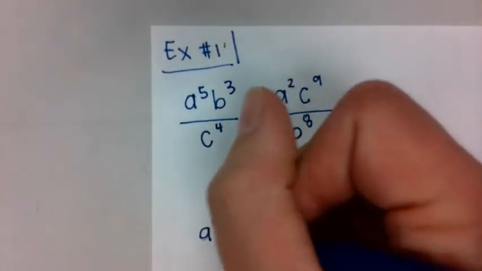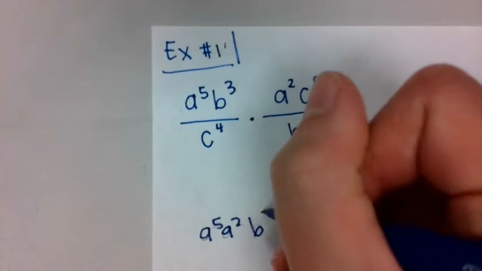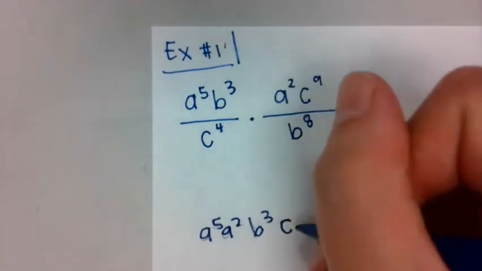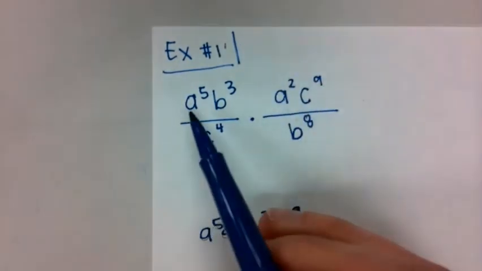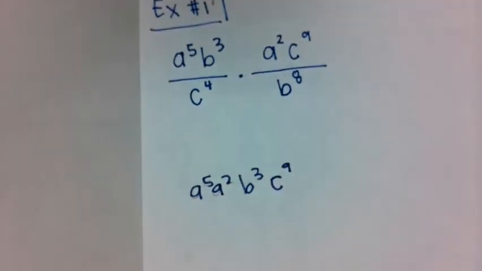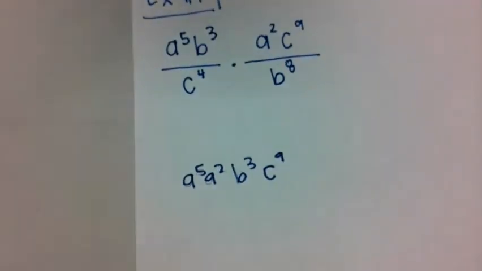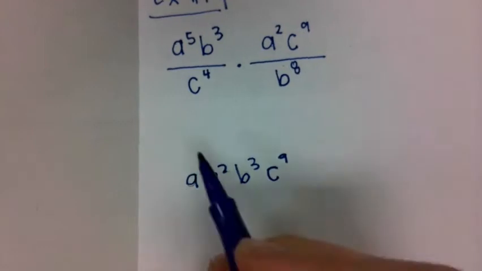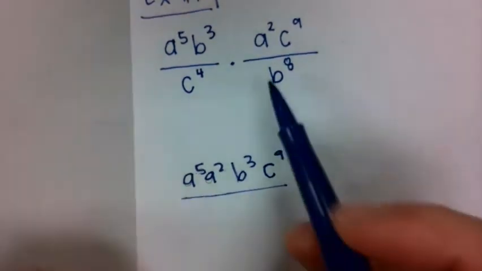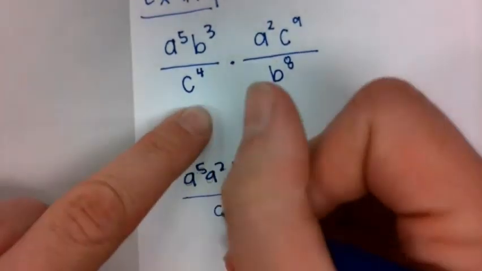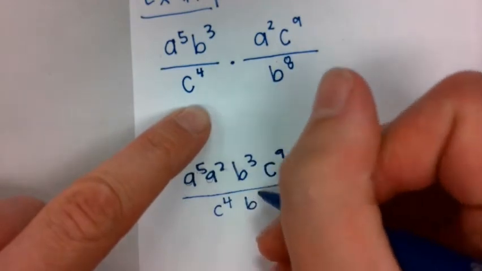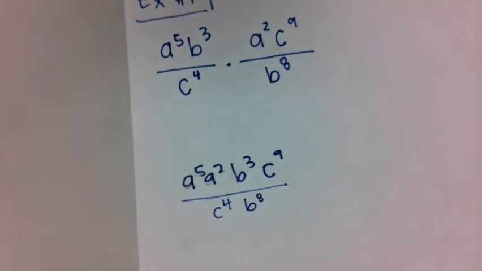I'm going to rewrite this with a better marker. A to the second power, b to the third power, and c to the ninth power. Now I have included each one of those factors. So I'm going to make the bottom part of my fraction, and I'm going to multiply those together. So rewriting that, c to the fourth power and b to the eighth power.